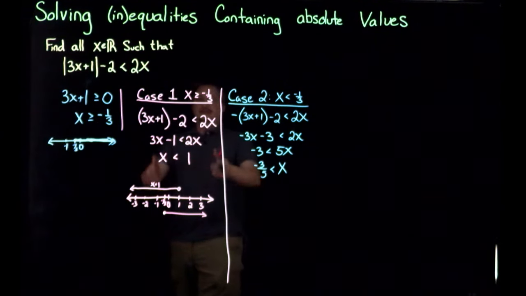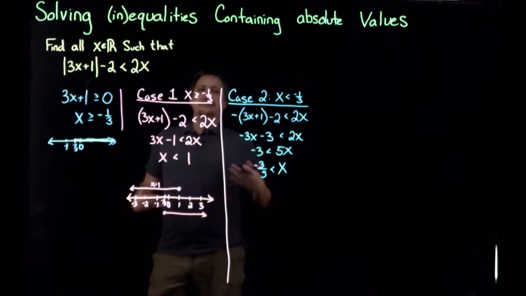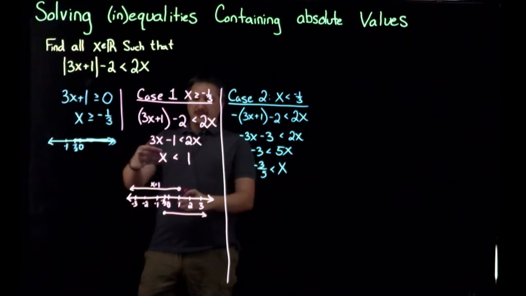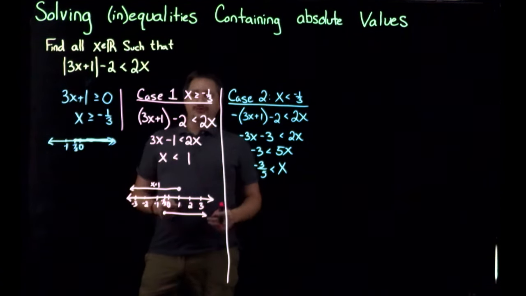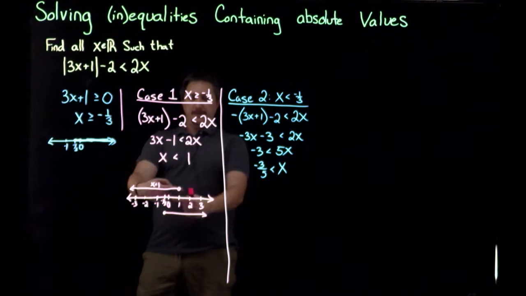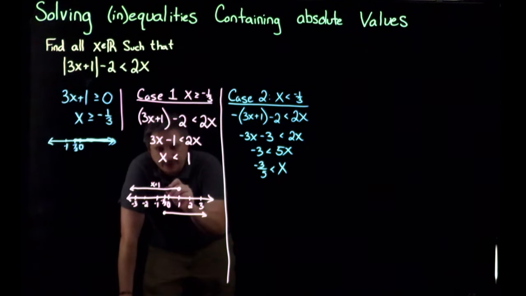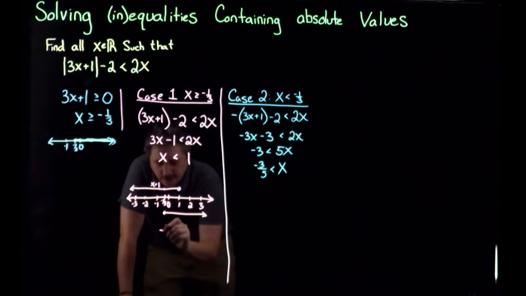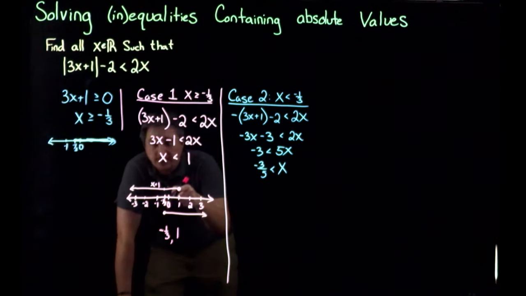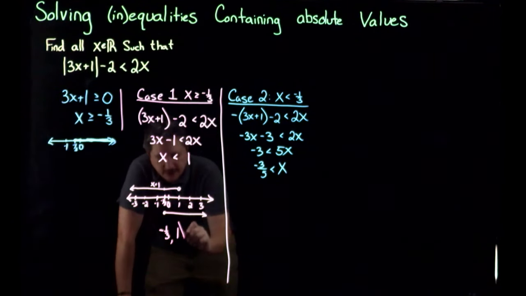And the final solution for this case is where this and that are both true, meaning where they overlap, okay? So they overlap starting at negative 1/3 and going up to 1. It doesn't include 1 because of the open dot, right, the open circle right there.